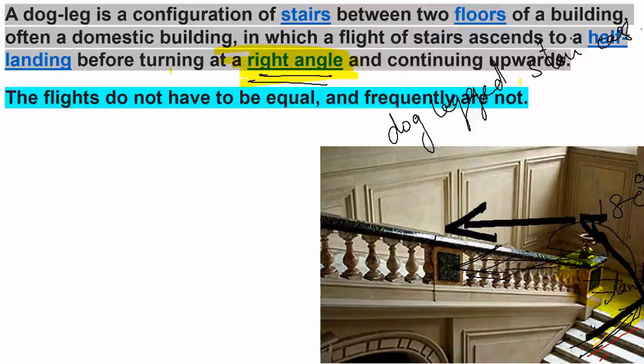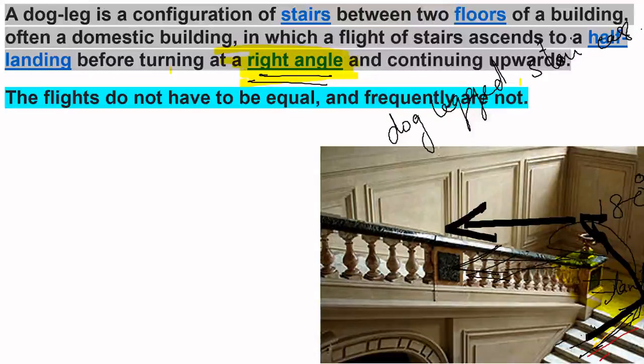Now, the flights do not have to be equal and frequently are not. That means in one flight you may have some 10 steps. In the next flight you may have 8 steps. So, the number of steps in a flight need not be equal.